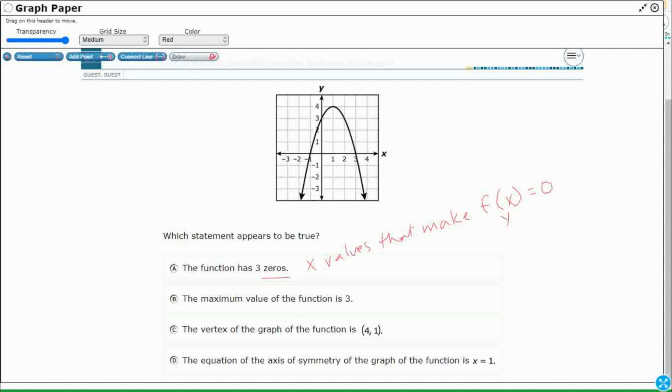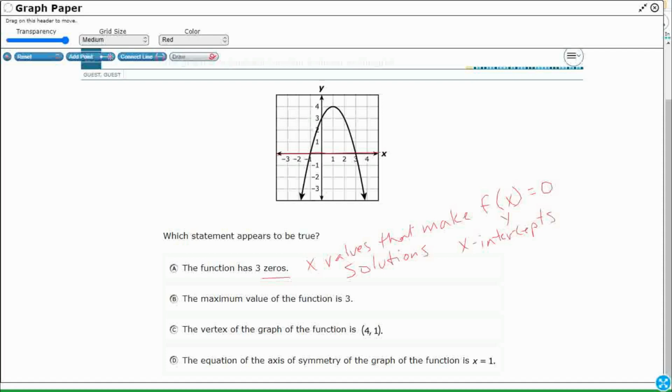So when you've got f of x equals 0 or y equals 0, you know what that means. It means you're right here. Zeros have a lot of different synonyms. You can call them solutions. I think one of the easiest ways to keep them in mind is just to call them our x-intercepts.